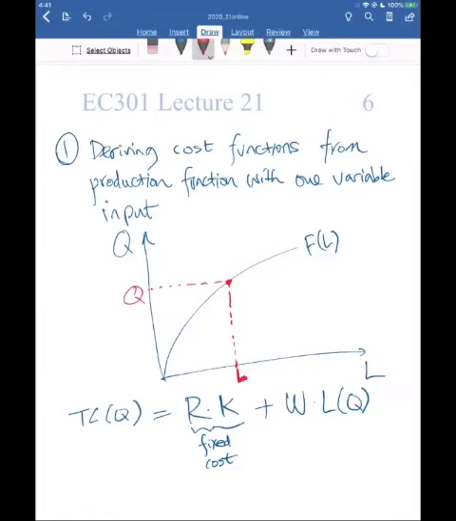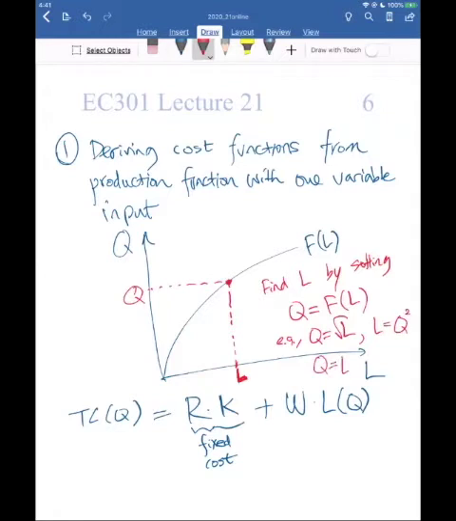So we can find L by setting Q equals F of L. And then we back out, for example, if F of L is square root of L, then Q is the square root of L, and the number of units of labor input that's needed is going to be Q squared.